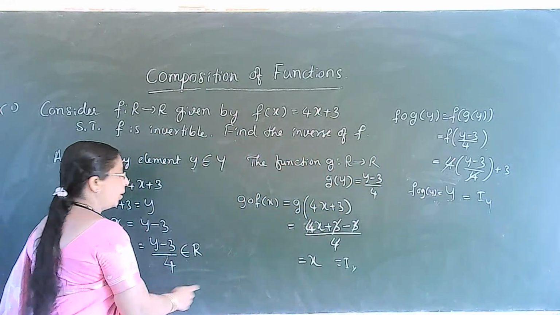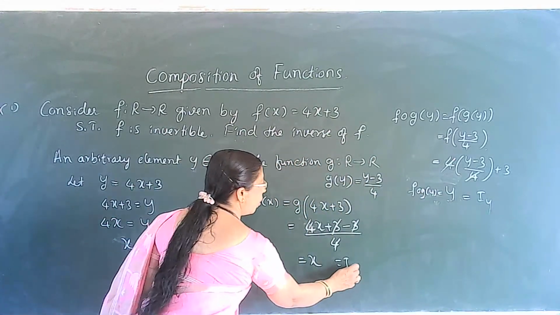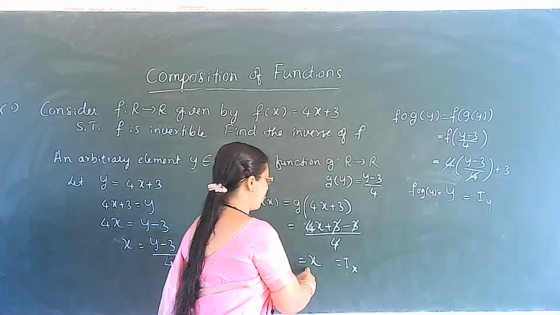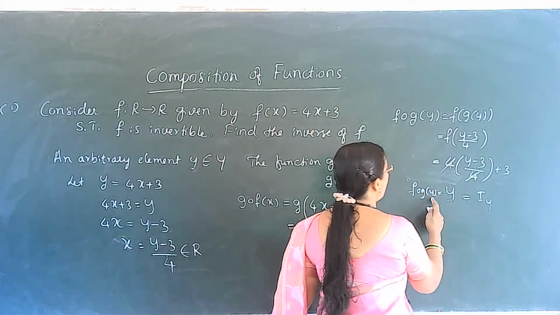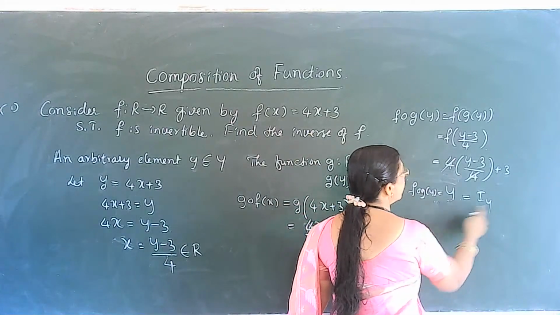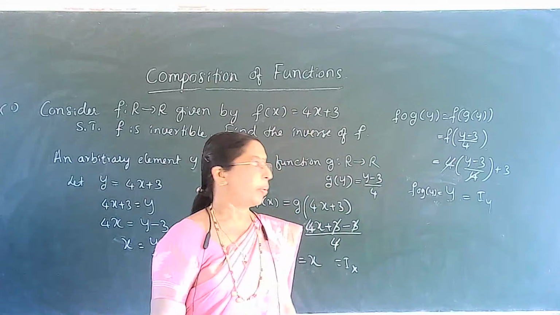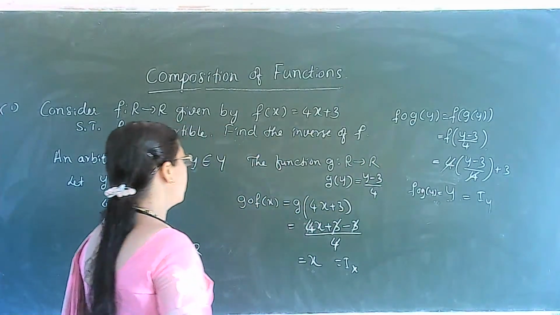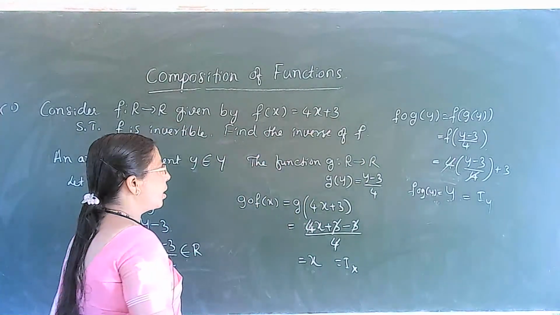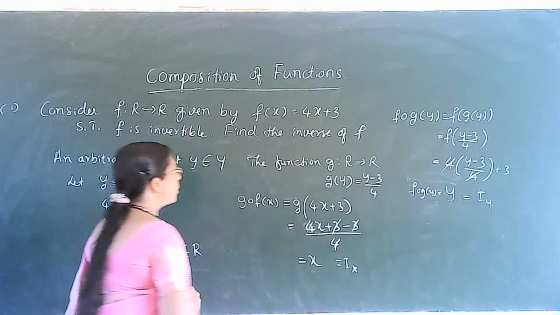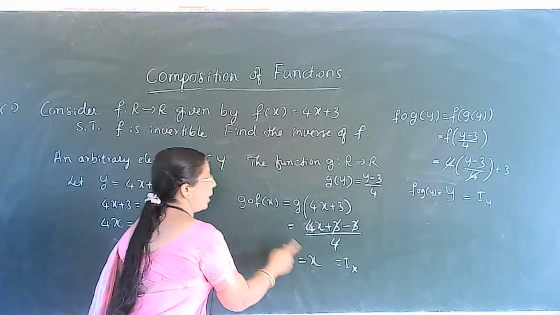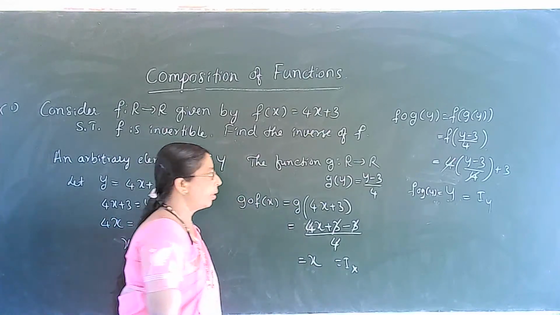f composition of g of y is equal to y, which is Iy. We get the identity of x here, Ix. Put the x here, we get x, and g of y is equal to y, that is the identity of y. Then f naught g gets Iy, and g of f of x gets Ix.